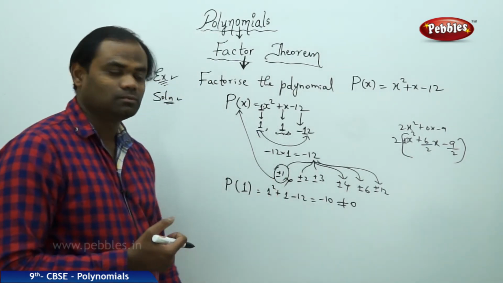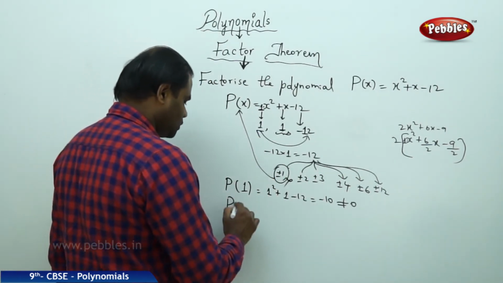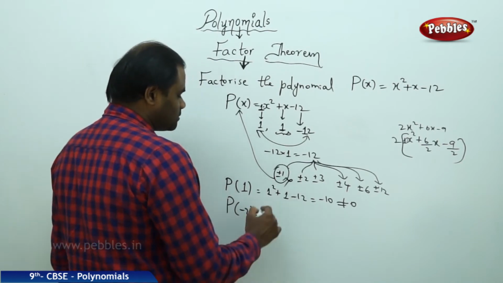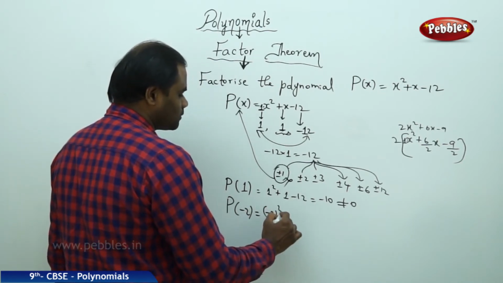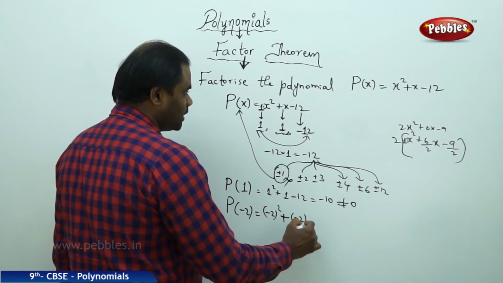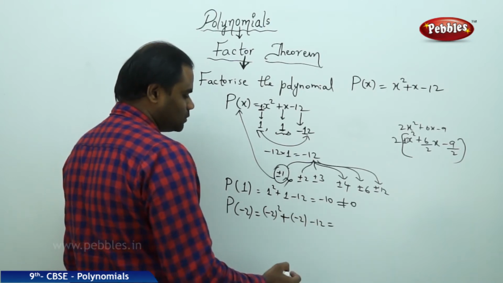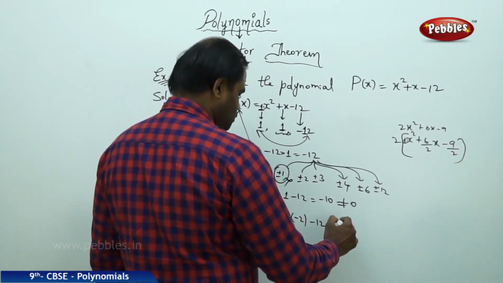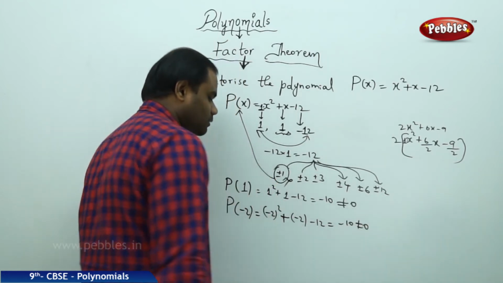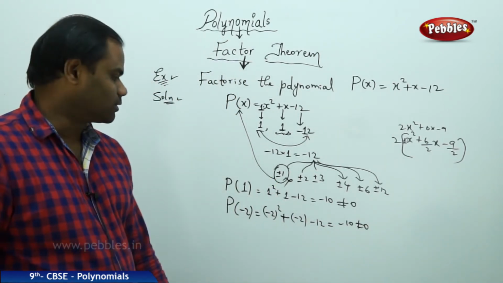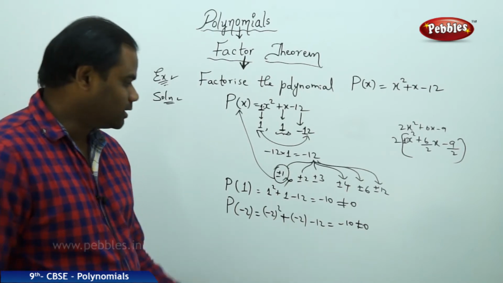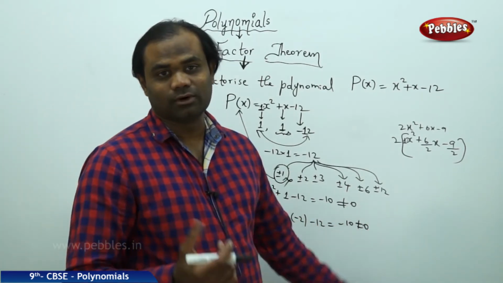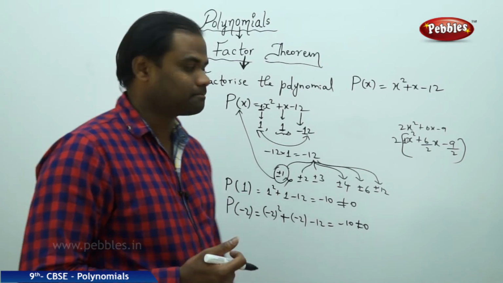Let's try with 2 or minus 2. I get minus 2 whole squared plus minus 2 minus 12, which is 4 minus 2 minus 12, again not equal to 0. So it's again not a zero of the given polynomial p of x.